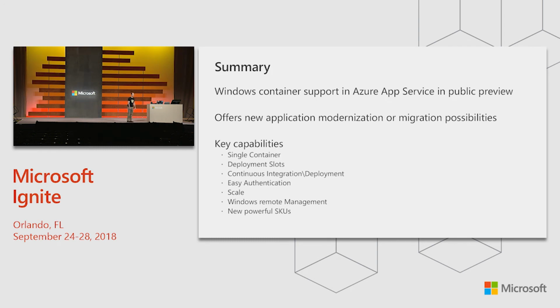We can go to a high scale for you. WinRM gives you new capabilities and new powerful SKUs. So if you've been restricted from coming to App Service because of the sandbox, because of the unavailability of being able to install dependencies, or our VMs are just not powerful enough for your application, now you've got new choices, new options. Containerize your application and come along and take a real look at App Service and the value.